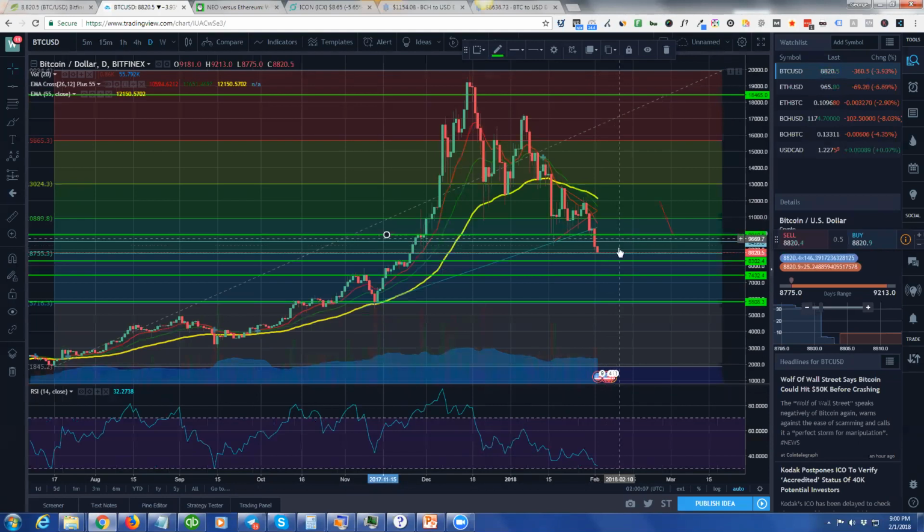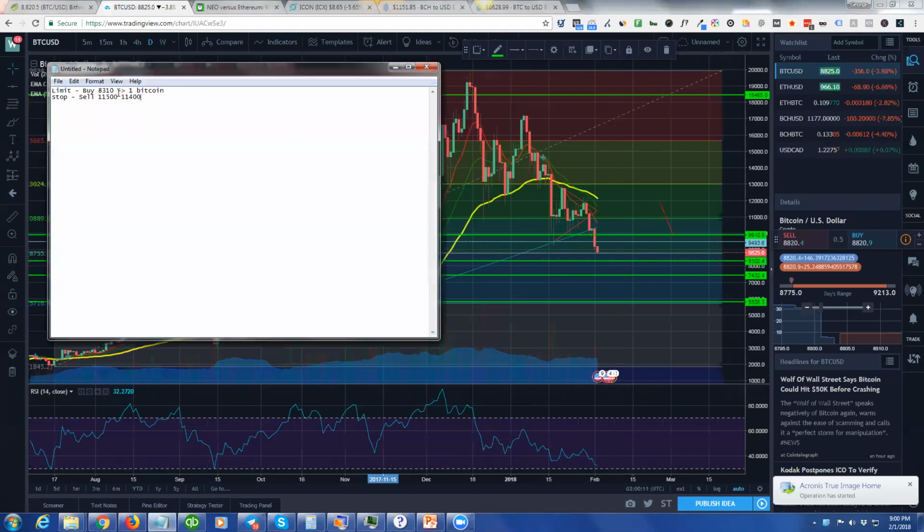So in that case, we would say, okay, let me pull up this chart here. Hang on a sec. So what we could do is say, buy it if it hits 83.10, and then once we've bought it, we can do a limit sell just below 90.